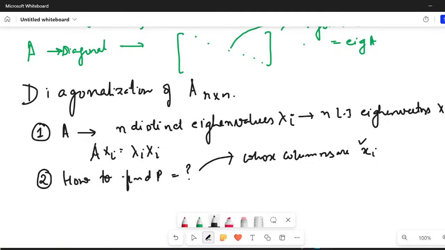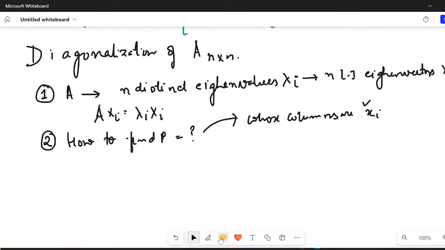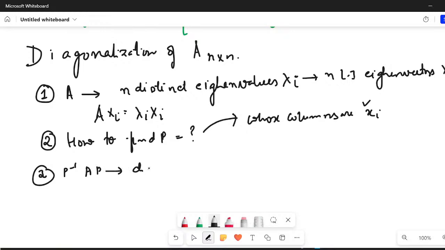Once this P is found, then I can always find P inverse AP in order to diagonalize my matrix A. So it diagonalizes your matrix A.